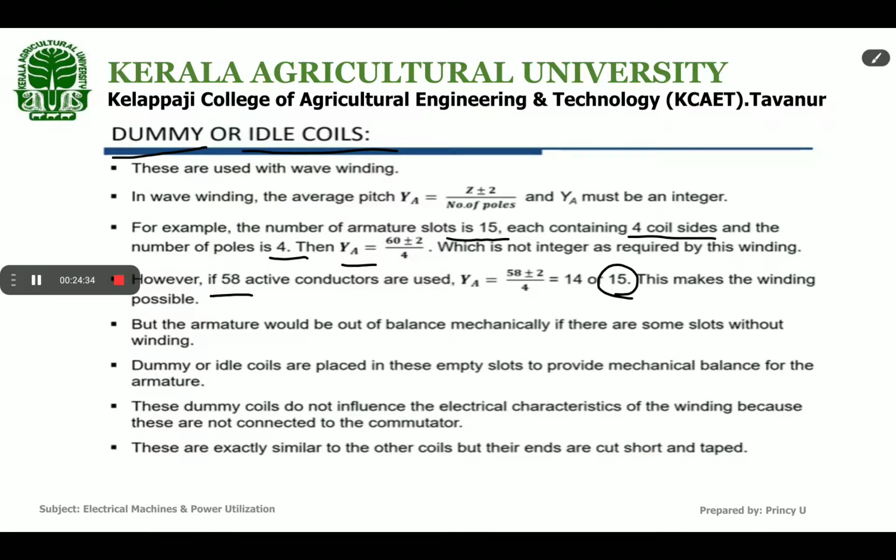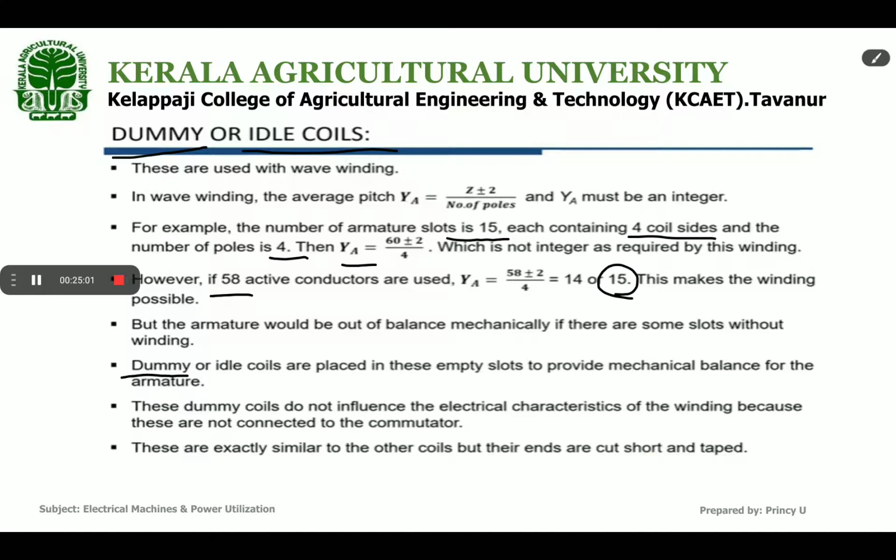Okay, we place the dummy coils there. It should not be carrying current. Its characteristics are similar to our armature coil, but it should not be connected with the armature. Physically, it is not connected with the armature coil. They are short circuited with their own dummy coils itself, and it will not carry current, and there is no function in that armature.